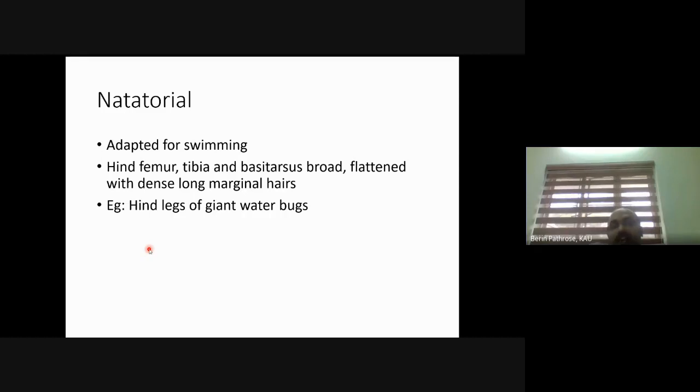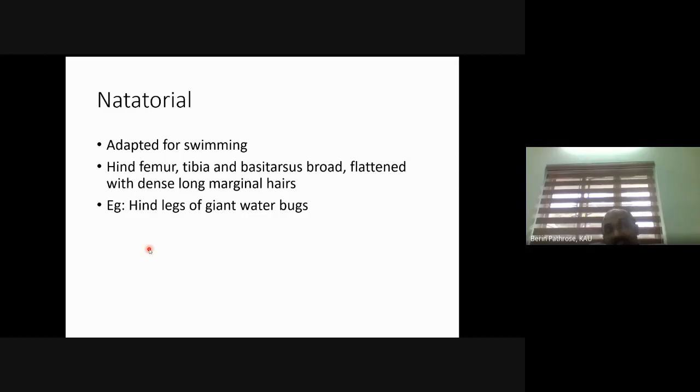The mole cricket has a fossorial leg, which enables it to dig deep into the soil. But human beings, with normal legs and hands, cannot dwell inside the soil. Normally, without the use of any implement, a human cannot dig the soil. It is pretty difficult.